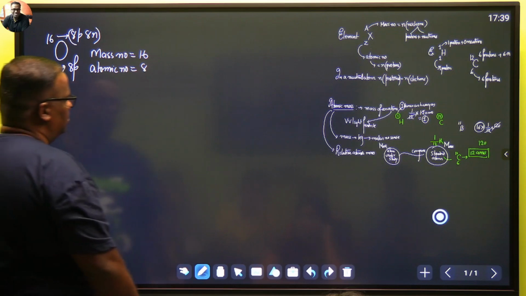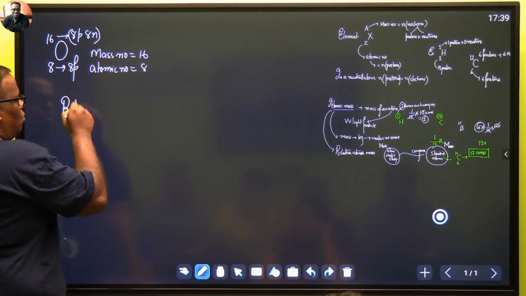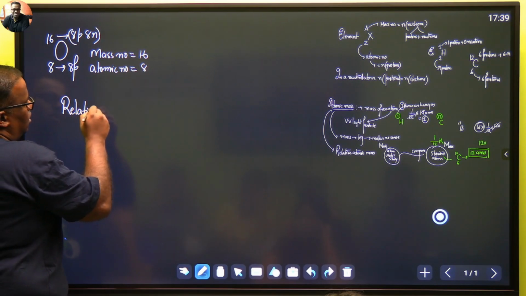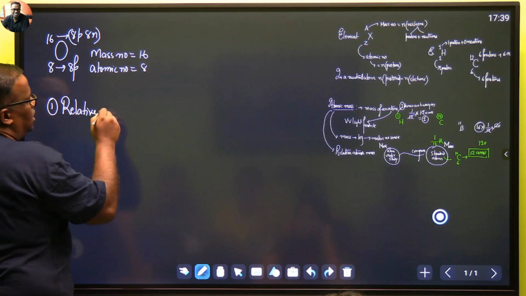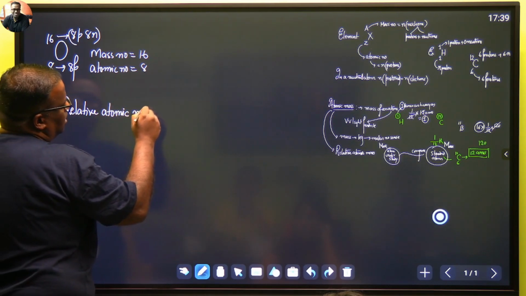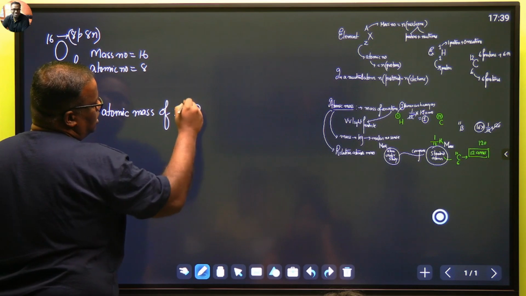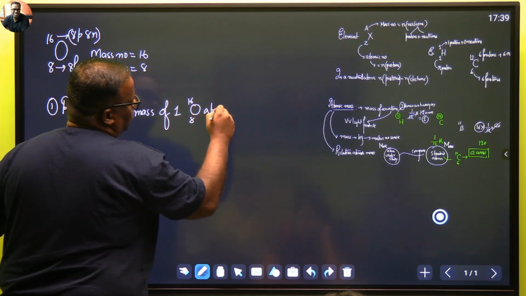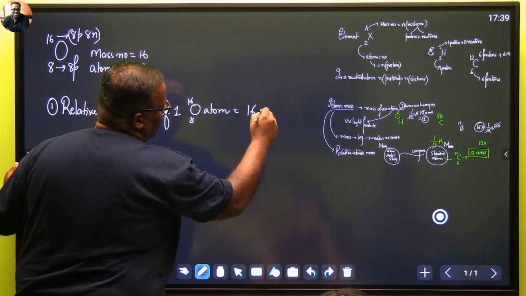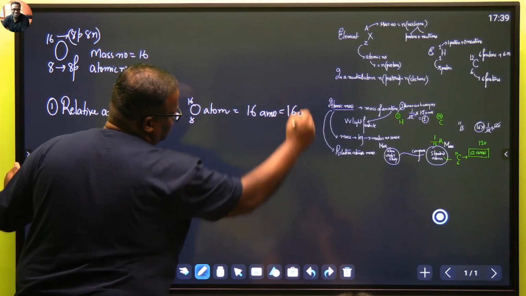Now, what is the relative atomic mass of one oxygen atom? We will say it is 16 atomic mass units. Nowadays we don't write amu, we straight away write 16 u.